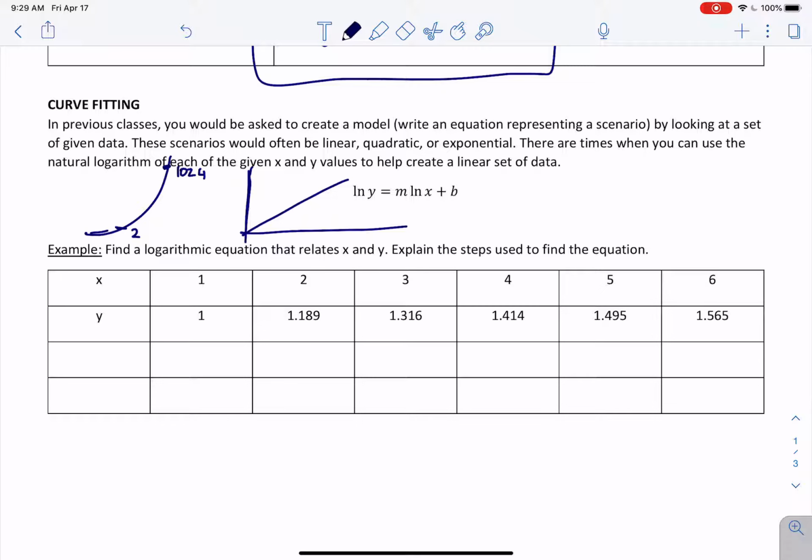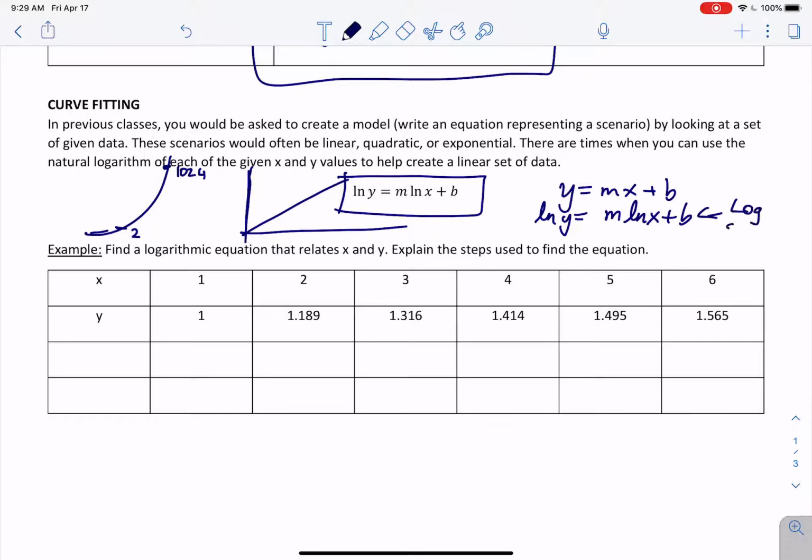So instead of counting 2, 4, 8, you would count 2 to the 1, 2 squared, and 2 cubed, so 1, 2, and 3. And so you get this equation format, which is y equals mx plus b, but we're making the x and y values log values. We're making a logarithmic scale. And that's going to look linear if your data is exponential.